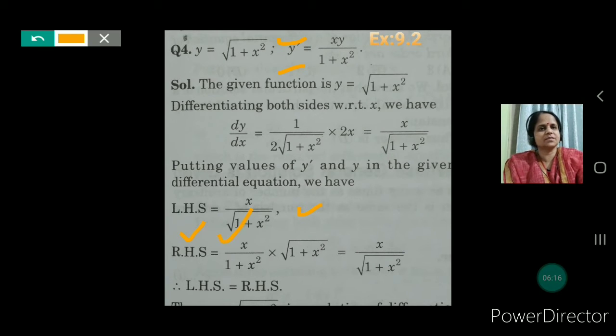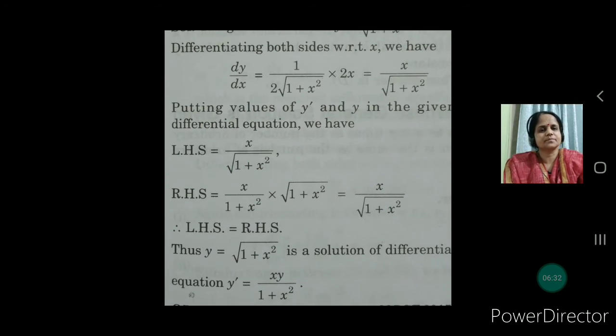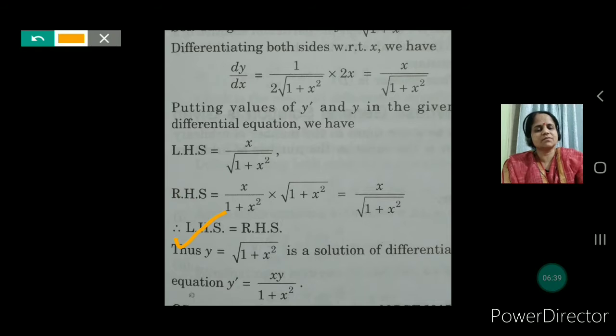So write x by 1 plus x square as it is and substitute the value of y, y is equal to under root 1 plus x square. So here you will get x upon under root 1 plus x square. Now see, LHS is equal to RHS. So you can say that y is equal to under root 1 plus x square is a solution of the differential equation y dash is equal to xy upon 1 plus x square.